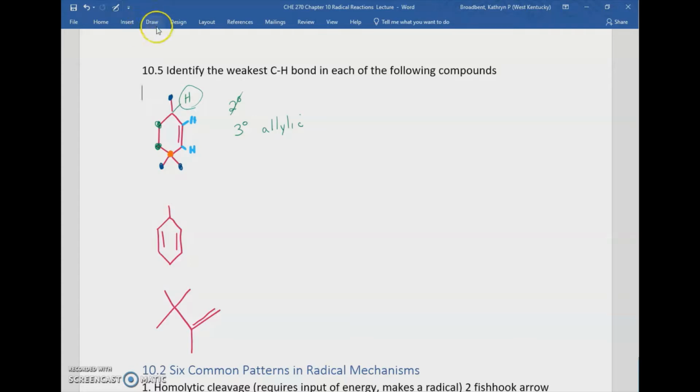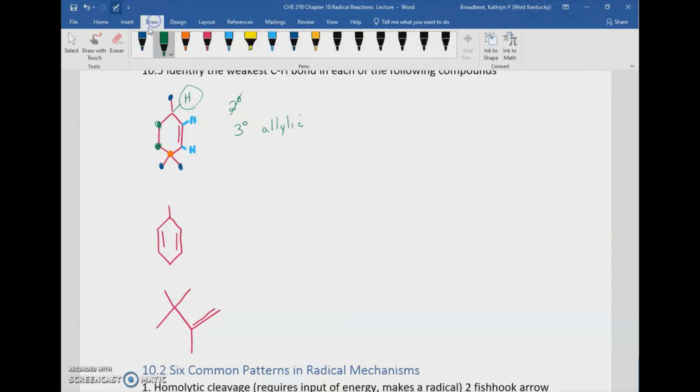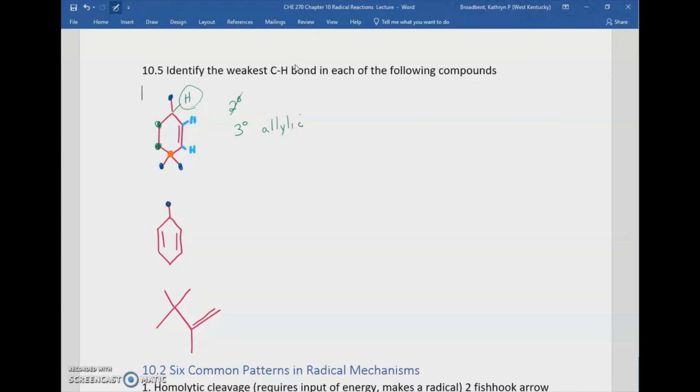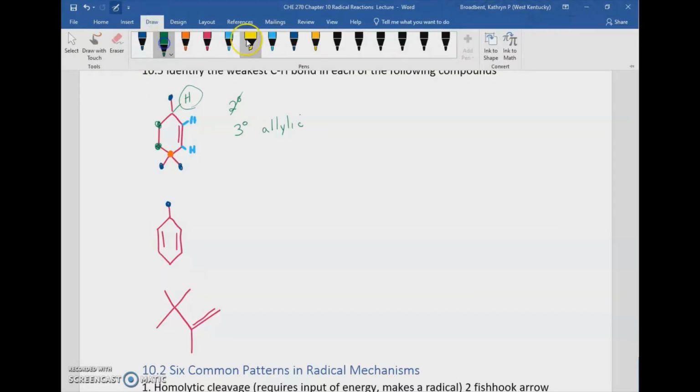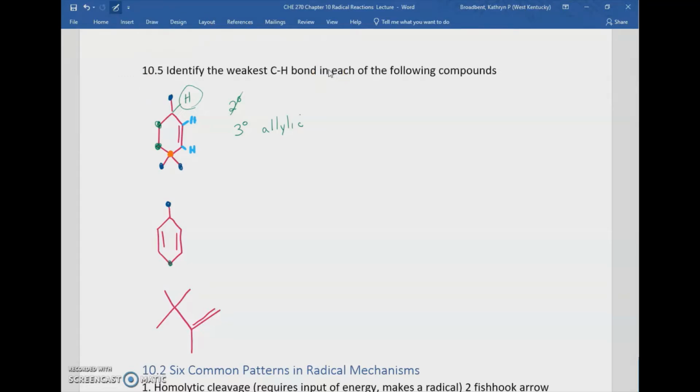If we look down at the next one, if we pull a hydrogen from here, this will be primary. That's not going to be stable. If we pull a hydrogen from here, okay, the green position will be secondary and allylic to the double bond.